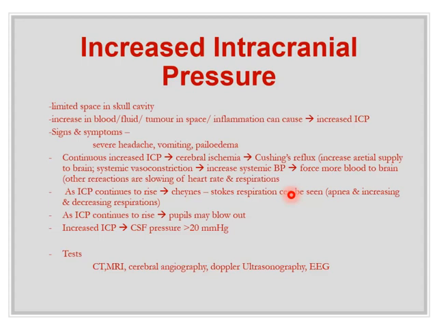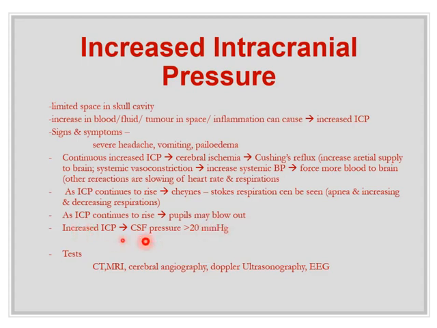Again, the intracranial pressure continues to rise, and then it can lead to the pupils blowing out. Okay, once the pupils start blowing out, that means that the intracranial pressure is so much that the brain is not going to survive so much of an increased pressure.